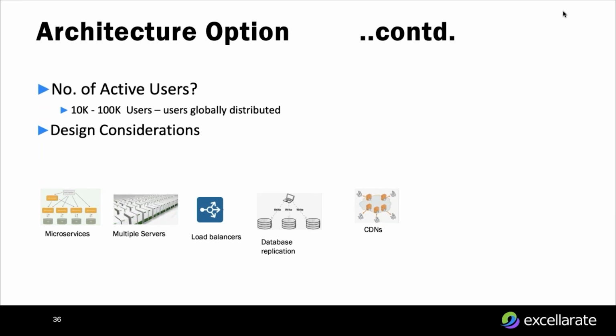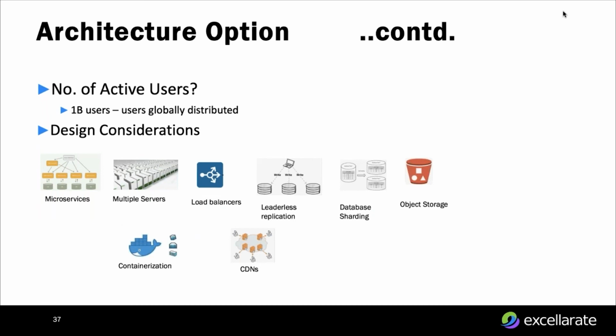We can go with a database replication strategy. We can still go with RDBMS, and through database replication, we'll be able to increase the availability of our servers. We can add content delivery networks, so that way we can reduce the round trips to the original server. We'll have the CDN there, and then we can basically scale the application. So that's another criteria.